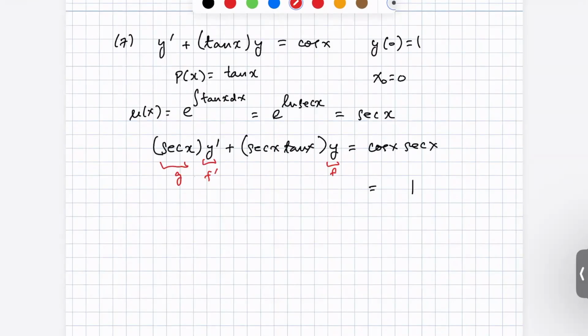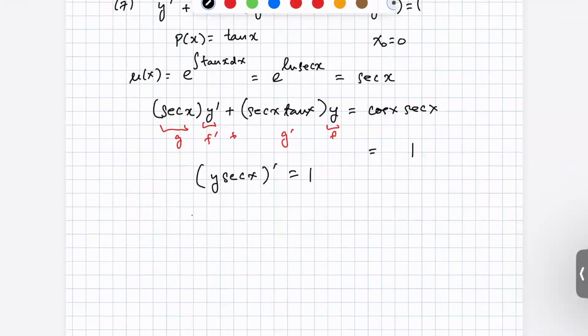Here's g, and the derivative of secant x is secant x tangent x, which is sitting right here. So this entire thing collapses to y times the integrating factor, secant of x, prime equals 1. Now, as we did before, let's change all my x's to t's. Remember, instead of y, I want y of t, secant of t, prime equals 1.